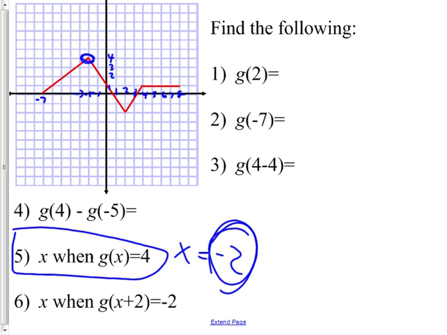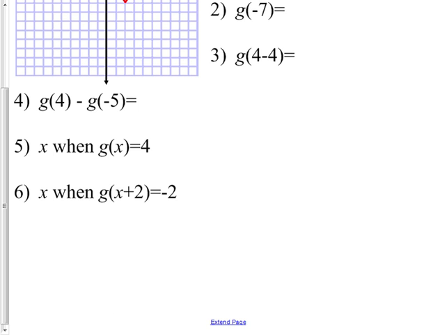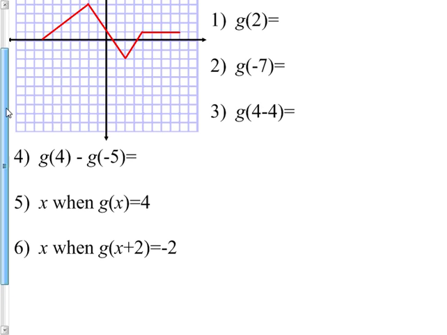Good. Next one. This is the toughest of them all, and I want to see who can handle it. Always ask yourself, did they tell me x or did they tell me y? I don't want you to lose the graph, so I'll bring it back down to there.